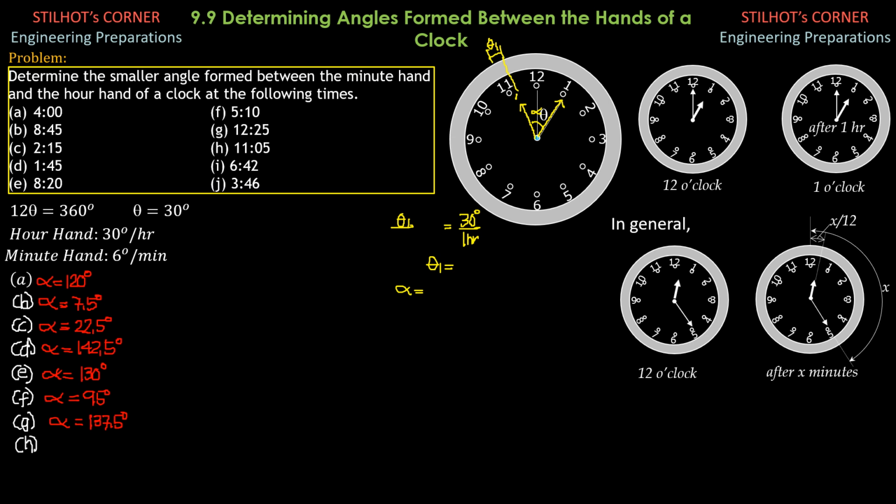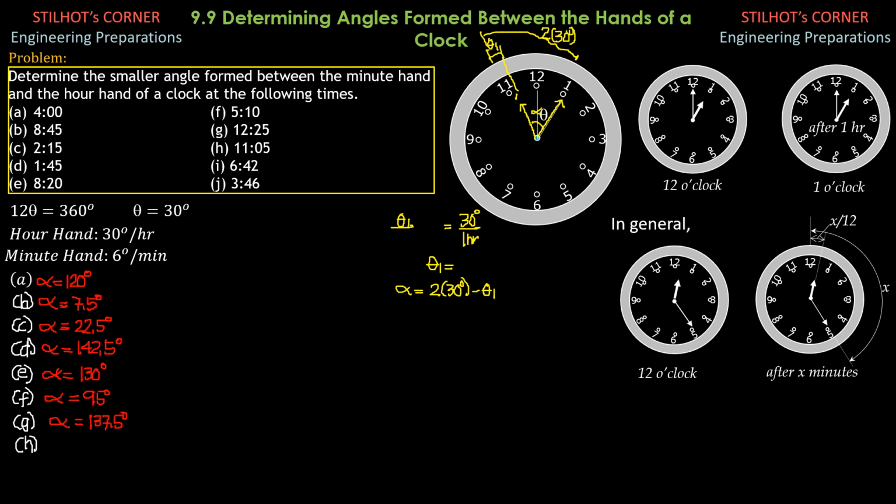Between 11 and 1, that's 2 graduations. So therefore, alpha is 2 times 30 degrees minus theta 1. So this is 2 times 30 degrees or 60 degrees, then minus theta 1.